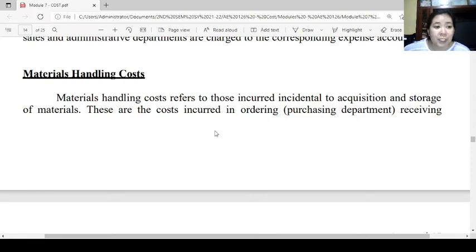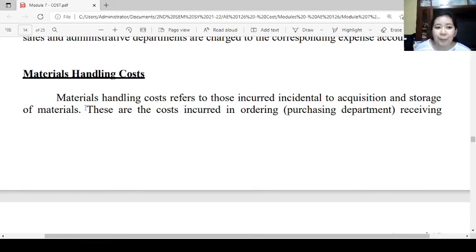Okay, another transaction for purchases is materials handling cost. In this case, this is after the purchase actually. This is the second transaction for materials. Aside from purchasing, we will also deal with materials handling cost. This is from the moment it was ordered, received, and stored.